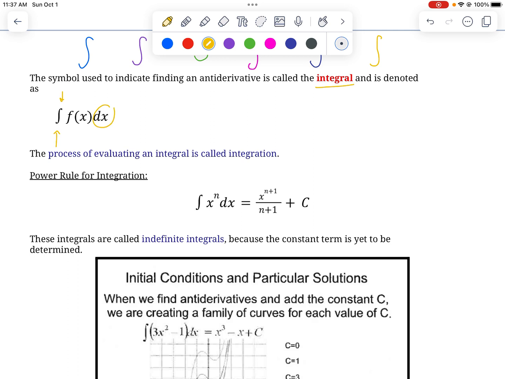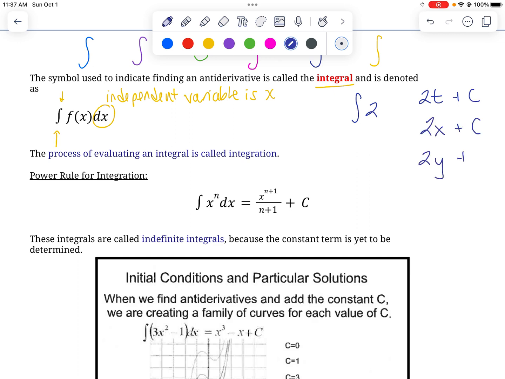This part is here to tell us what our independent variable is. So that part is just saying with respect to x. The reason that would matter is, let's say I had 2 as my integrand. The part inside the integral is called the integrand. If I have the integral of 2, without having anything after it, I don't know if that's 2t plus a constant, or 2x plus a constant, or 2y plus a constant.